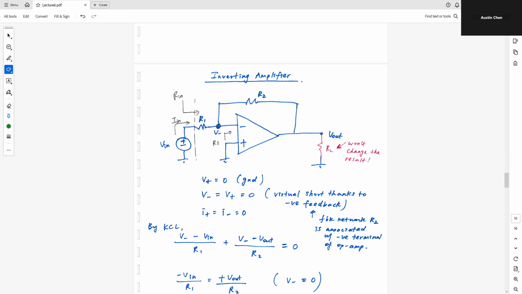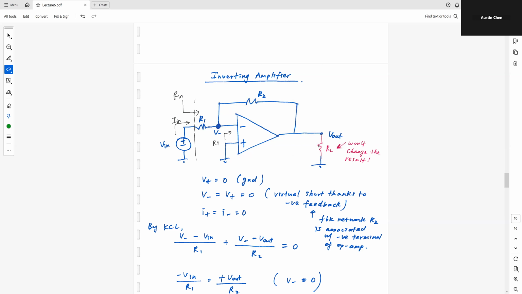And then from the V minus node to the output, I have this R2. So immediately you can tell that there is some kind of feedback, because I have part of the signal from the output and send it back to the negative terminal of the input. So I have two resistors and I have V in and V out here.